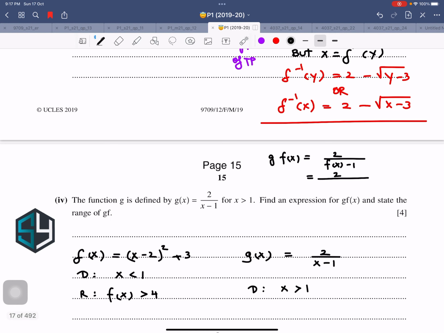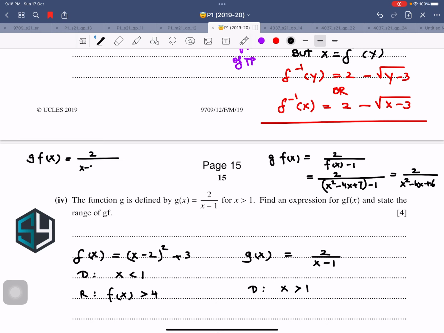So this is 2 over x squared minus 4x plus 7 minus 1, which can be written as 2 over x squared minus 4x plus 6. That's one way of writing it. Another way, g of f(x), this is 2 over f(x) minus 1.